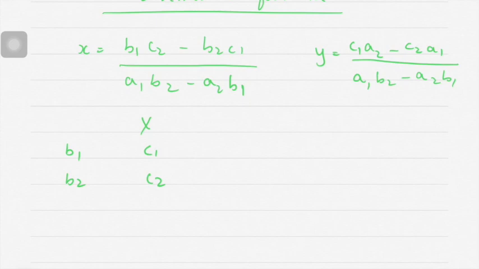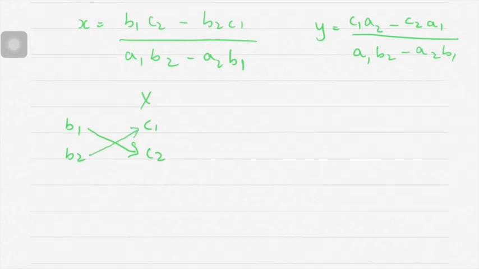Correct? Because A is the constant, you are taking it out. So B1 into C2 minus B2 into C1. This is the numerator. This is how you remember the formula.